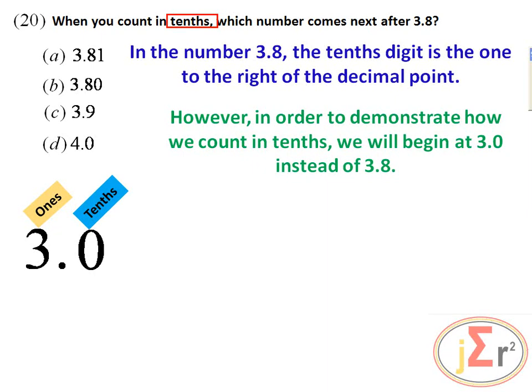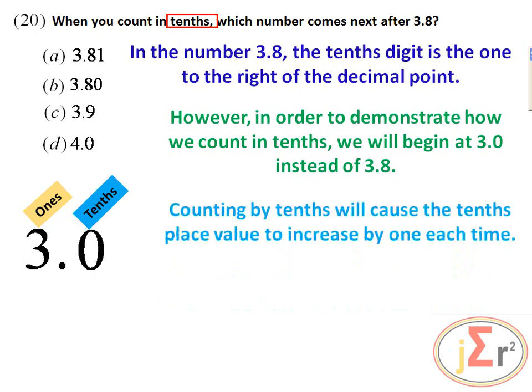Counting by tenths will cause the tenths place value to increase by 1 each time, just like we have it right there. The tenths place value going up by 1 each time.